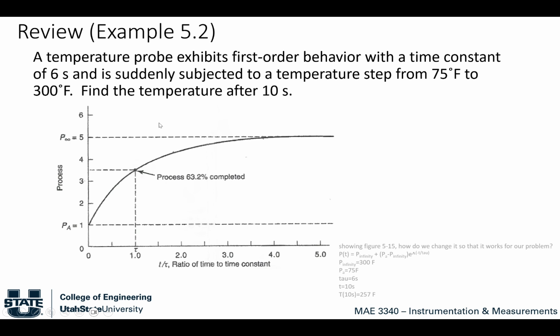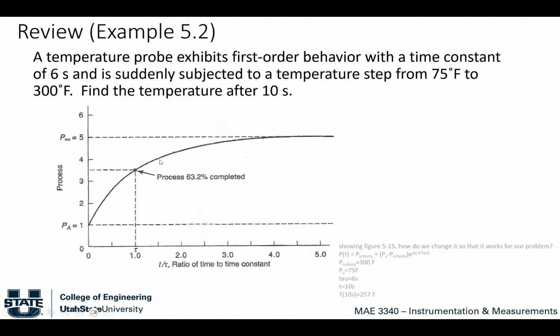So if we have this temperature probe and it exhibits the behavior of a first order system, it has a time constant of 6, and then we look at it after 10 seconds, this is what's happening. So that equation that we solved right here, this is the plot that it looks like. And so you can see that it takes a lot longer to get all the way up there to infinity than it would be to make initial progress along this curve.